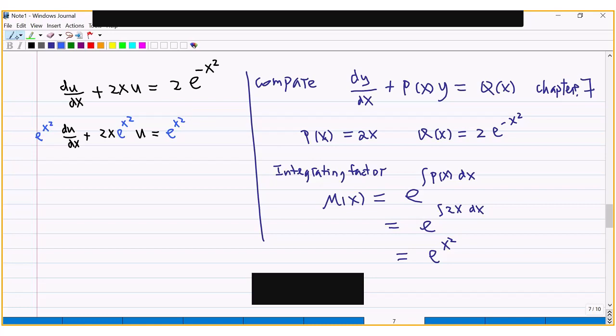Then you're left with 2 times e power minus x squared.